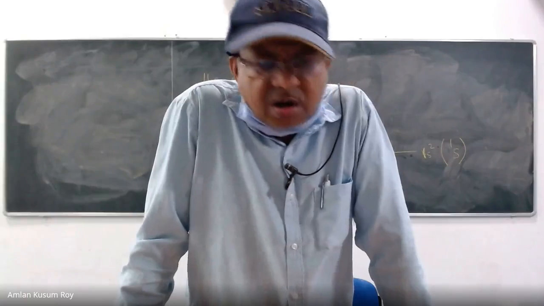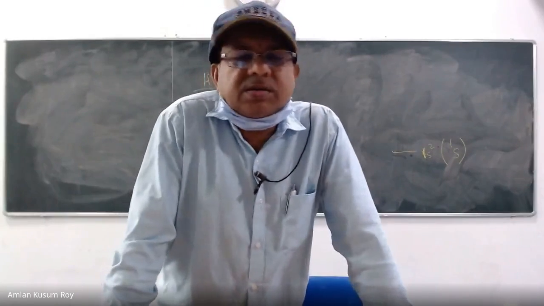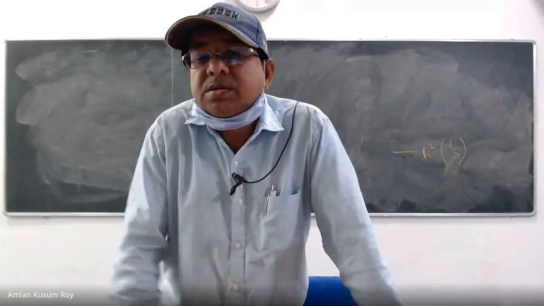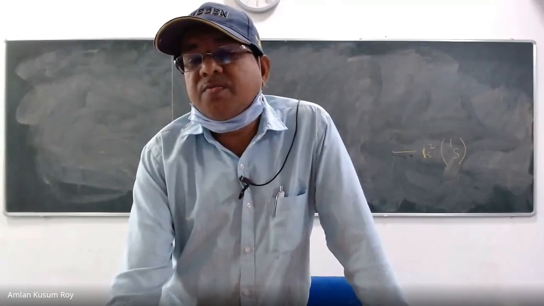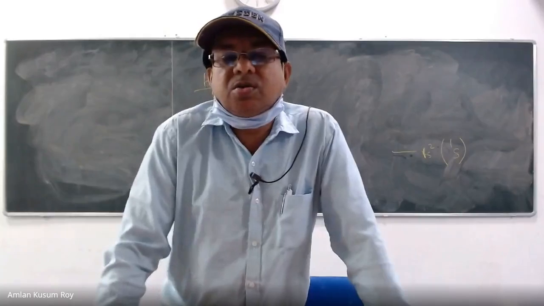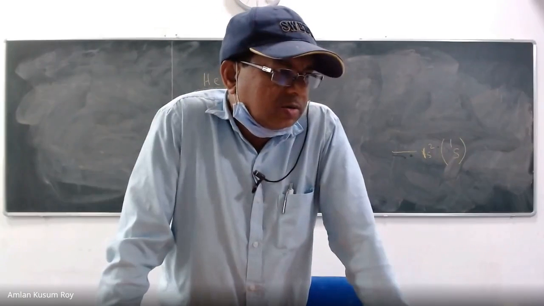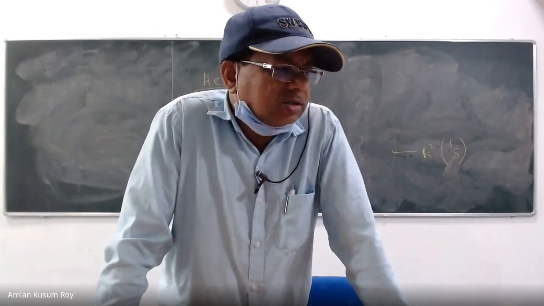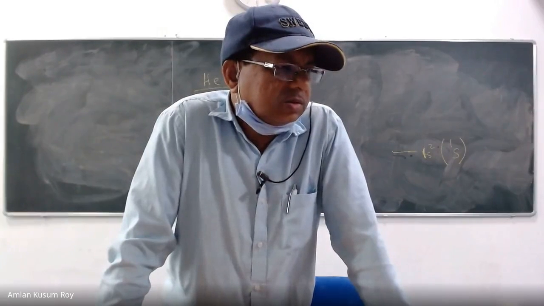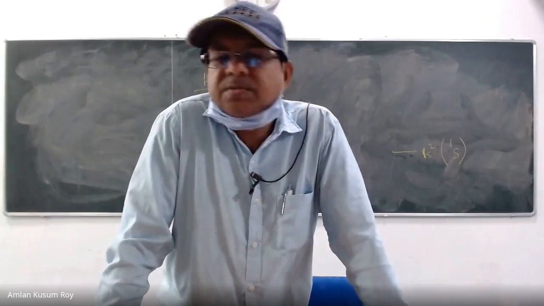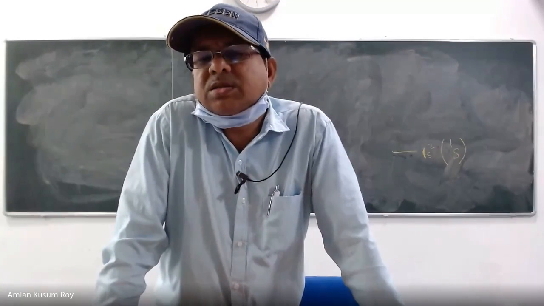So what is my Hamiltonian? Can somebody please write? Z square by 4 pi epsilon 0 R1. Okay. And what does it represent? What is the meaning of this expression with a minus sign?